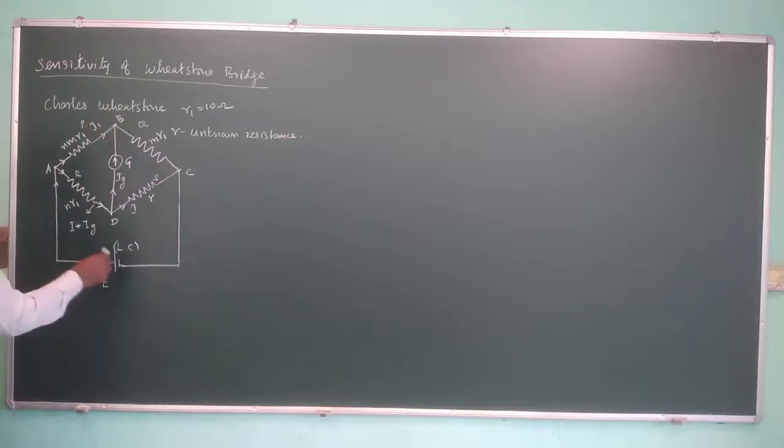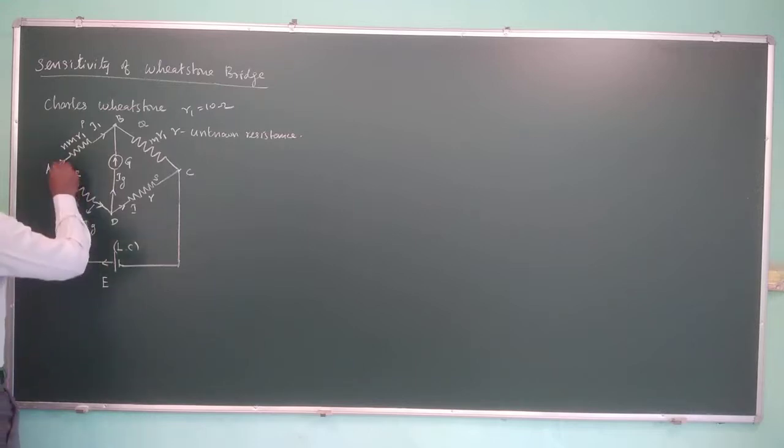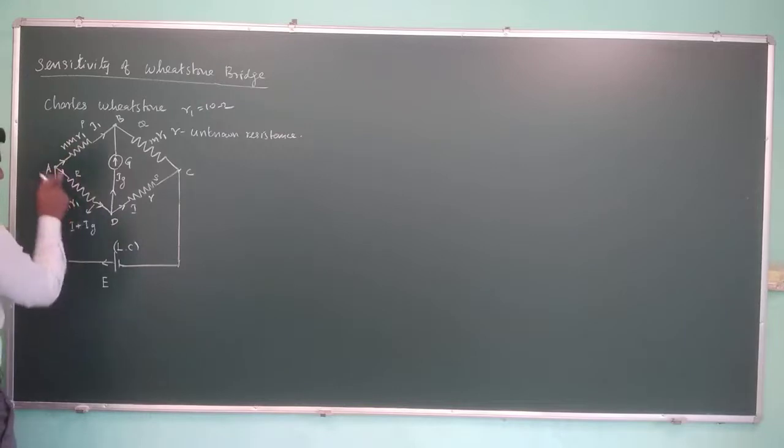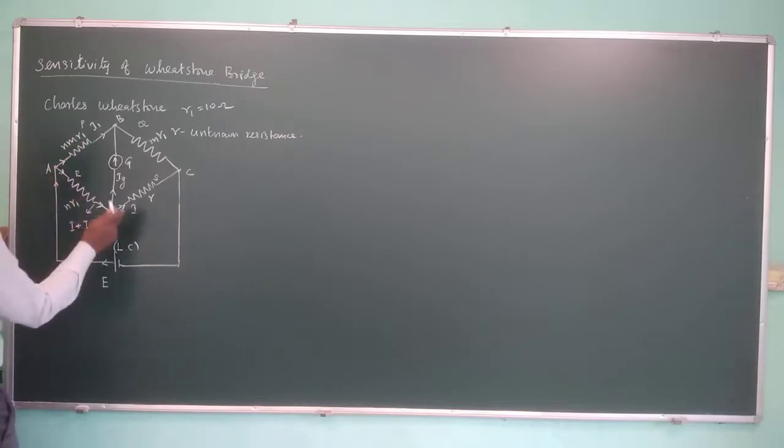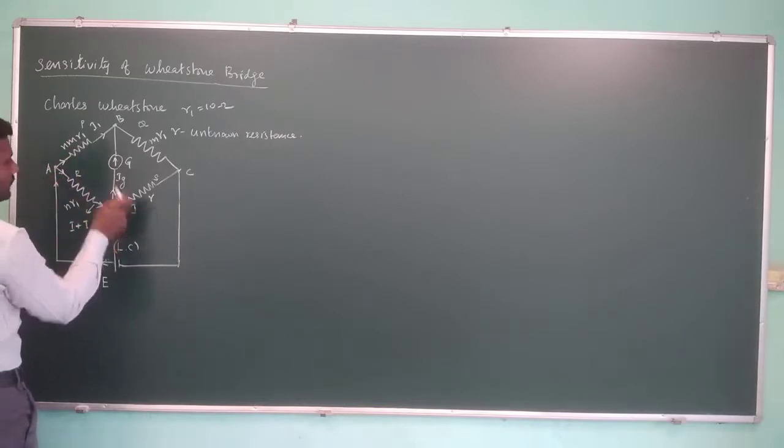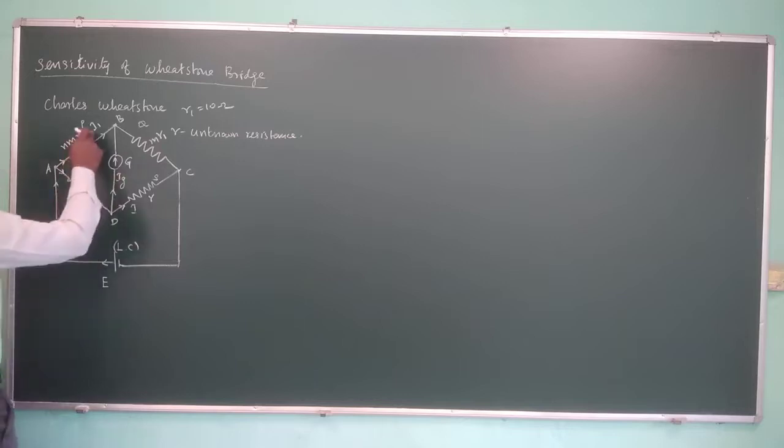We don't know what current is coming through this, so it is divided into two directions. The current going through this direction we can denote as the summation of I plus Ig, and here let us take I1.